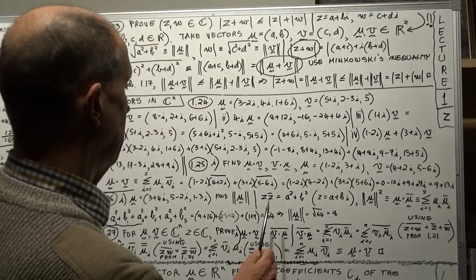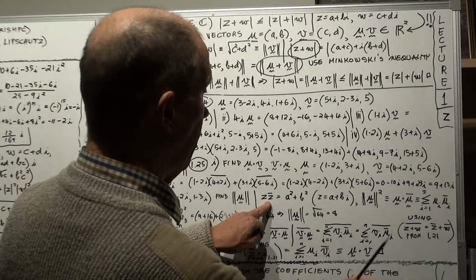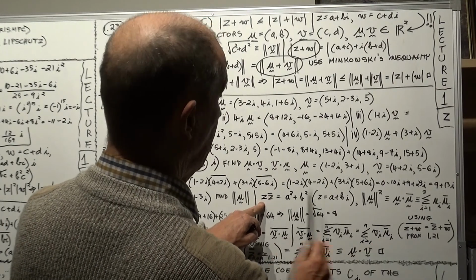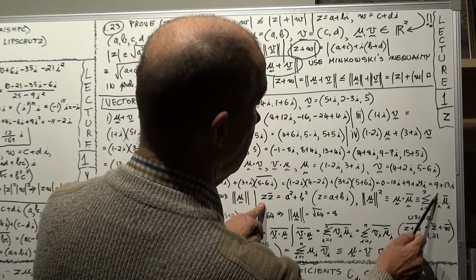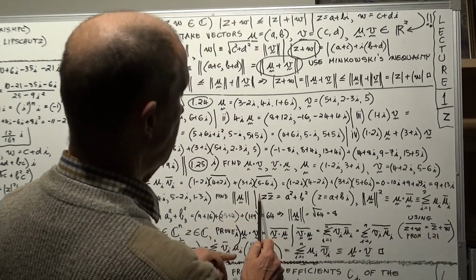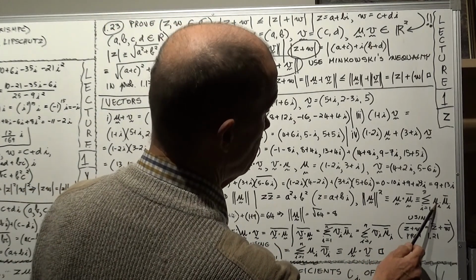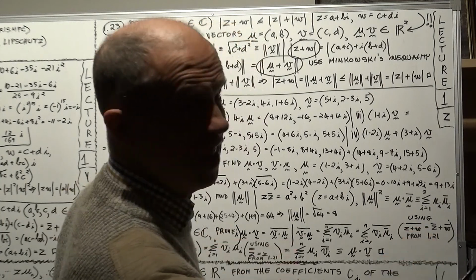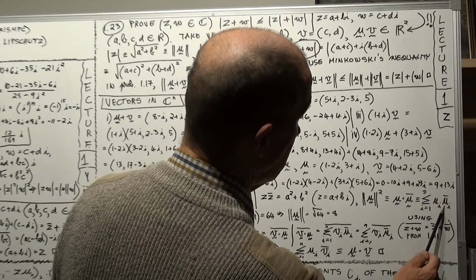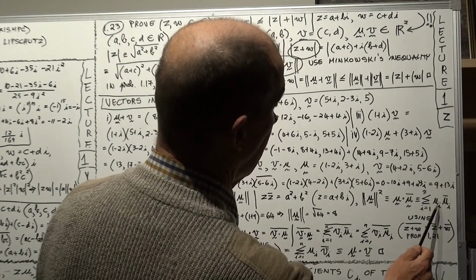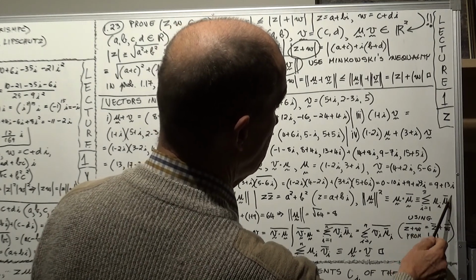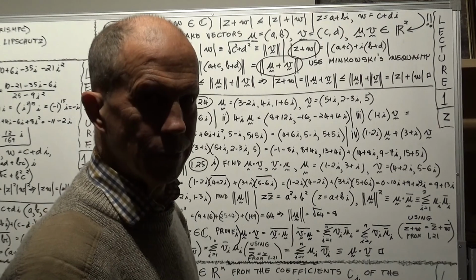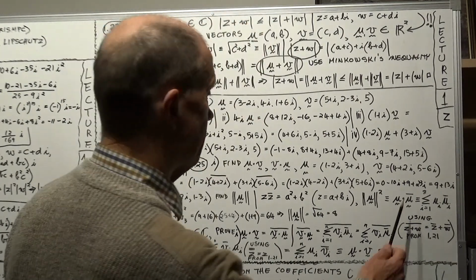All right, so what? Well, this here is of the form z z bar, because it's just a complex number. You could rewrite u_i as z, so this would be z conjugate. So this term is going to be of the form a squared plus b squared. That's the essential.